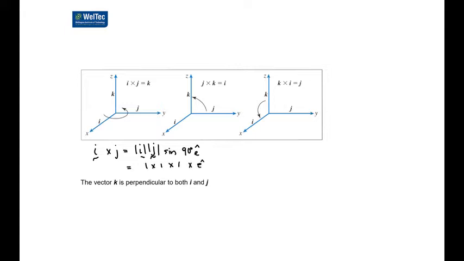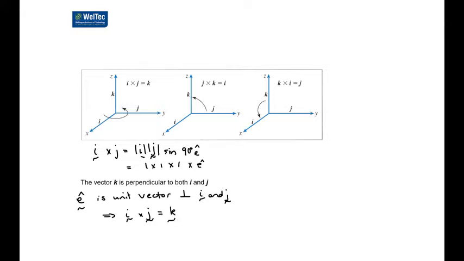And this is where e hat is the unit vector that's orthogonal to i and j. And of course that must be k. So what we've got is that i cross j equals k, etc.